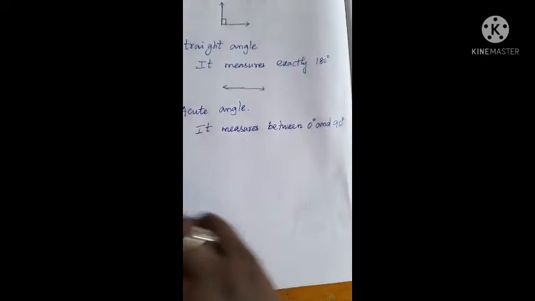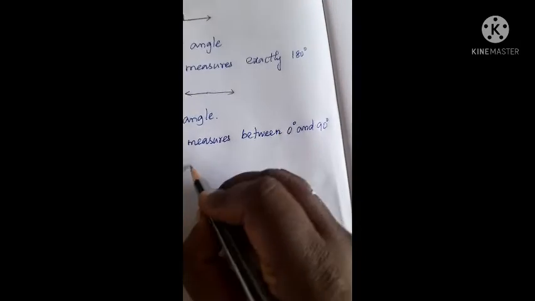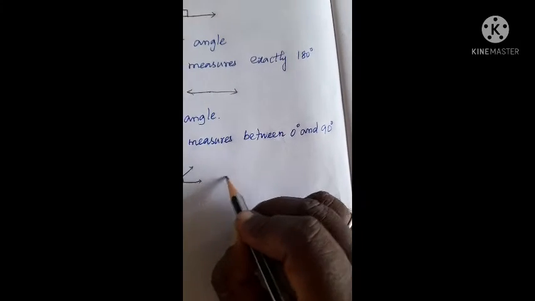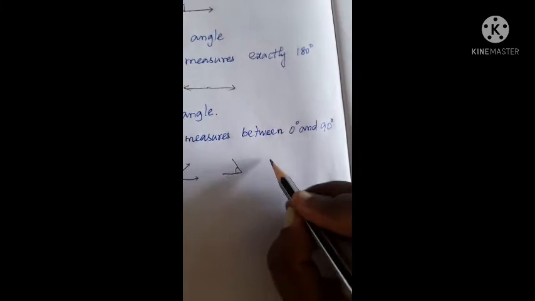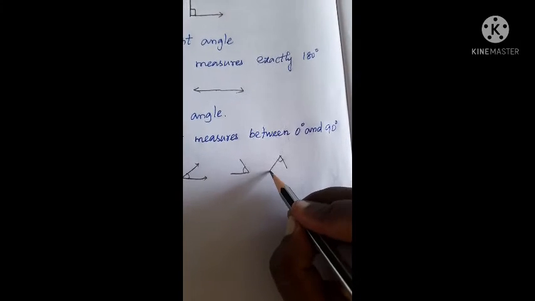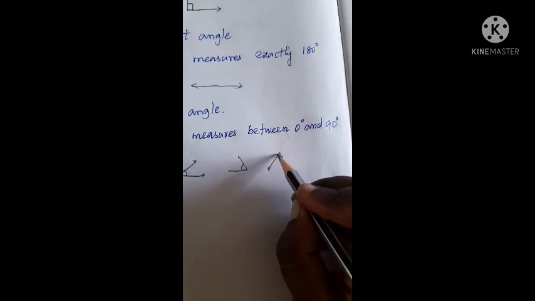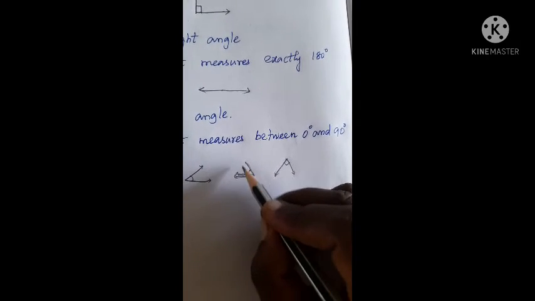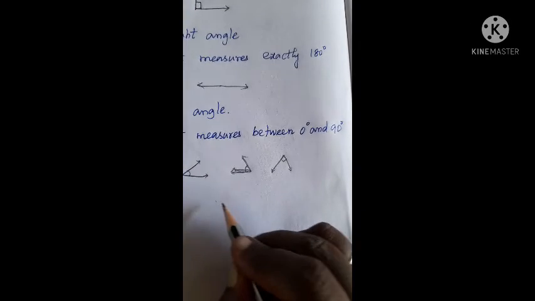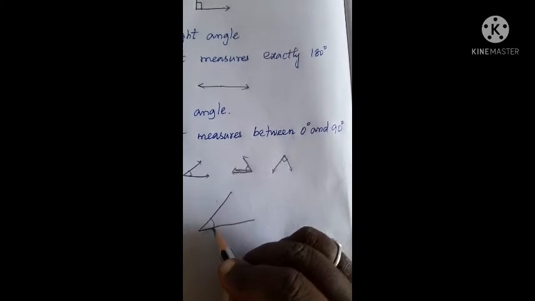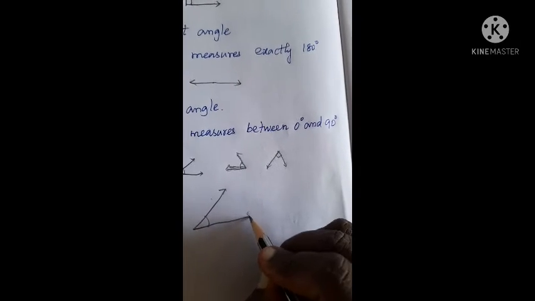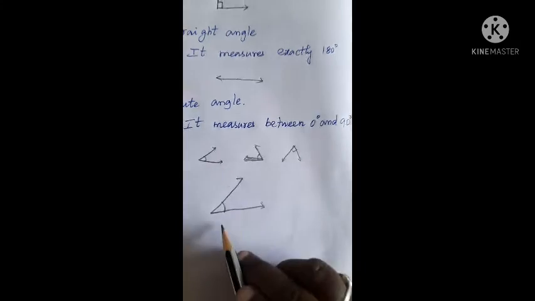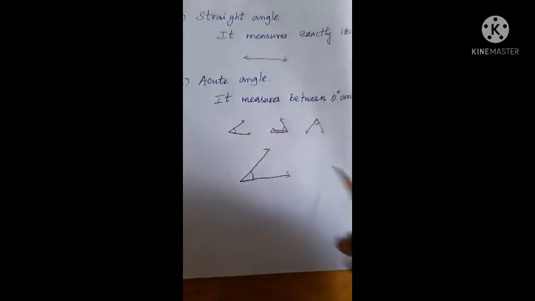This is called an acute angle. However the diagram comes, types like this are all acute angles. When you are drawing it, you will come to know that the sharp edge of the angle will be very small. Figure also you can draw like this. The angle itself is less than 90 degrees.